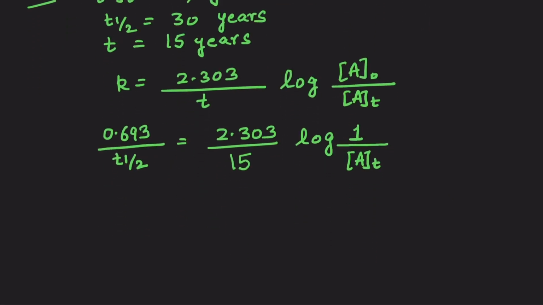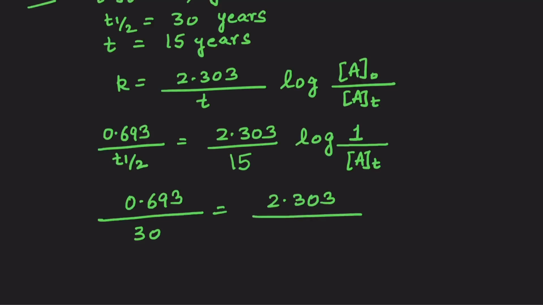Now, if you are confident about the topic of logarithms, then this is very easy for you because you have to take the antilog. But for those who are not very conversant with this, I'm going to explain it over here. Log of 1 upon AT.